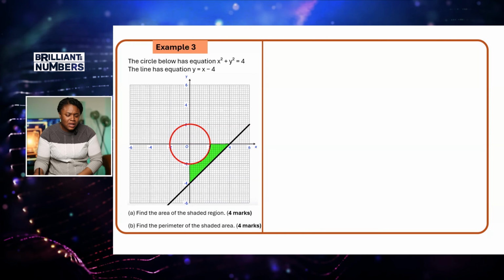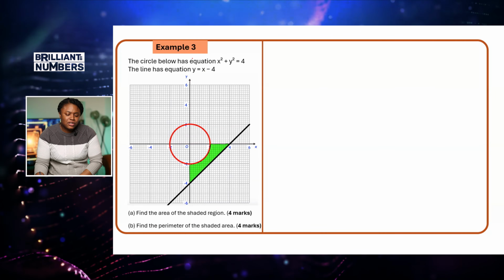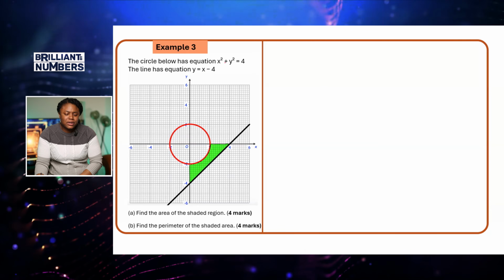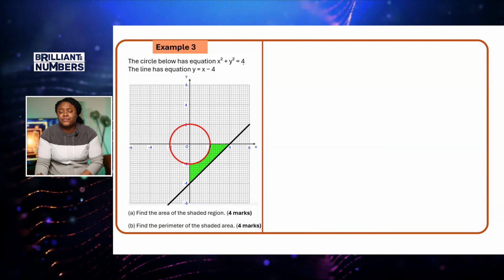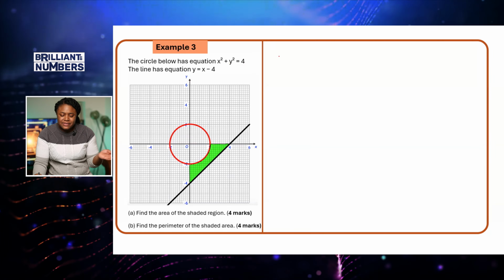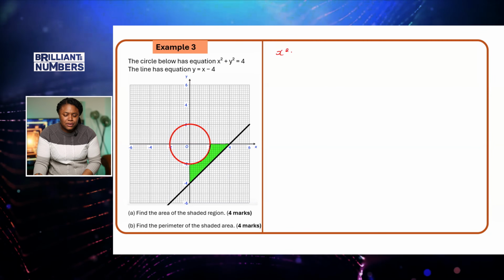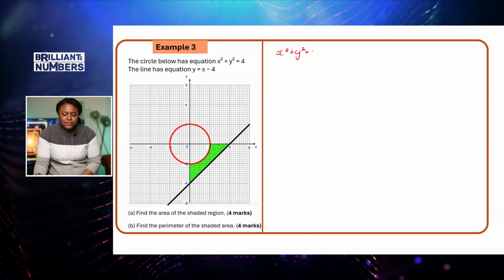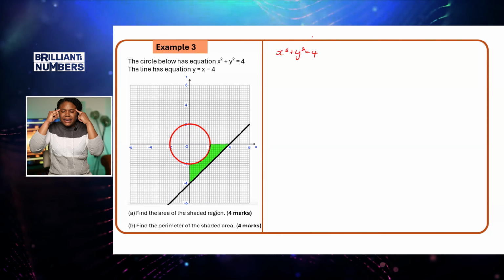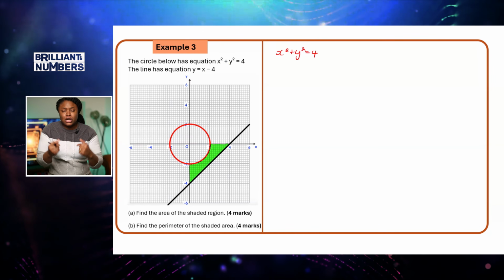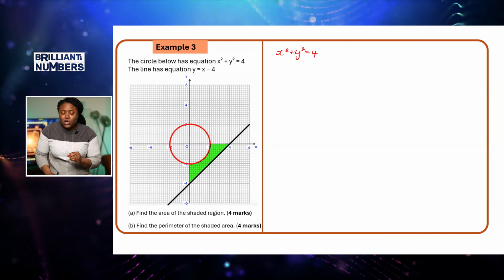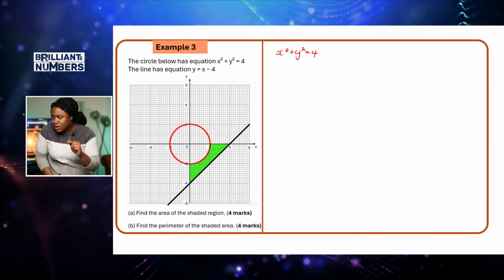Let's read the question. The circle below shows equation x squared plus y squared equal 4. So I'm going to transfer that to my working sheet. So x squared plus y squared is equal to 4. Straight away, I need to be thinking in terms of my radius because I know it's equal to r squared.